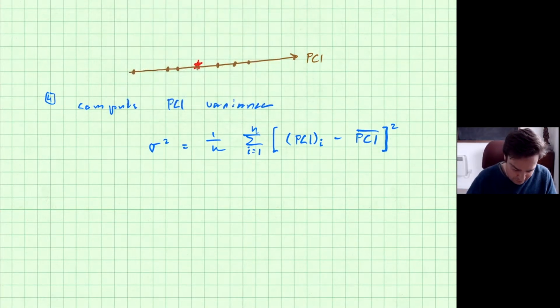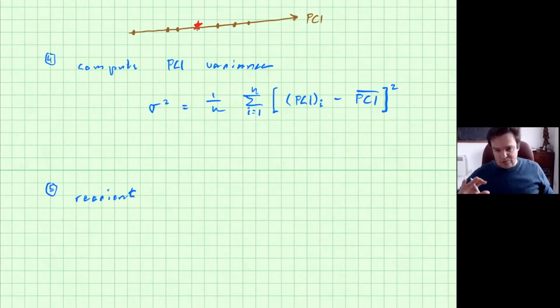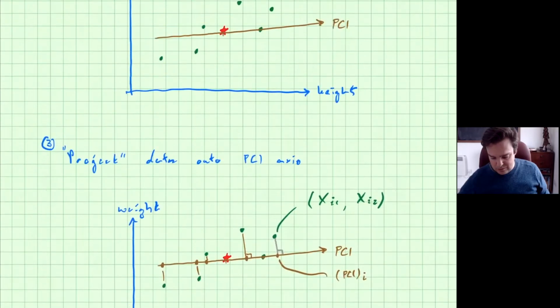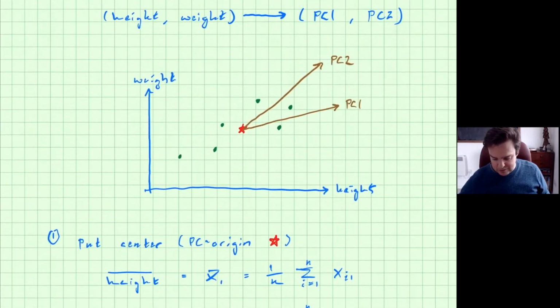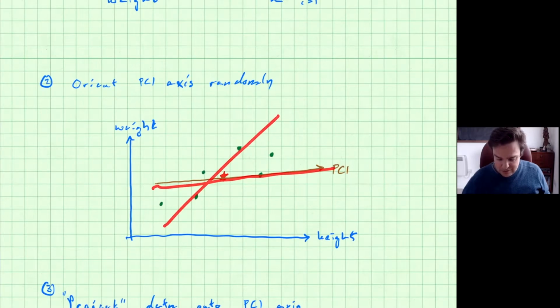Now, repeat this, all right? Step 5, rinse and repeat, as they say. So step 5, repeat. So reorient. So go back to, where were we here when we just put down our axes, right here? Go back to this place here, and instead of laying down PC1 like that, put it in another direction, like that, say.